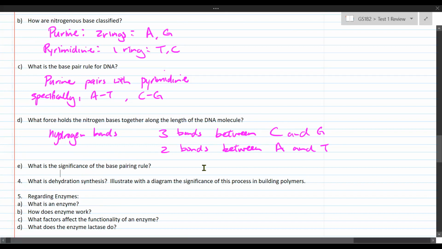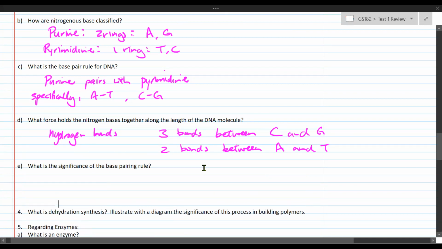What is the significance of the base pairing rule? Base pairing means C with G and A with T. Because we're always pairing a purine with a pyrimidine, the width is always going to be 3 rings wide.